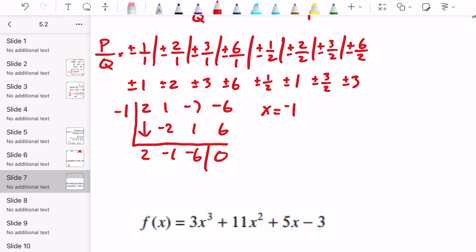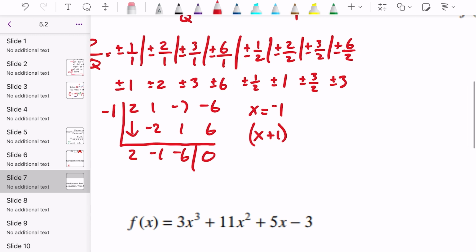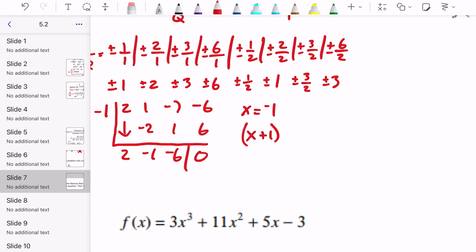And we also know that as we move it over, this would be x plus 1 as a factor. Our depressed equation here would be 2x squared minus x minus 6.